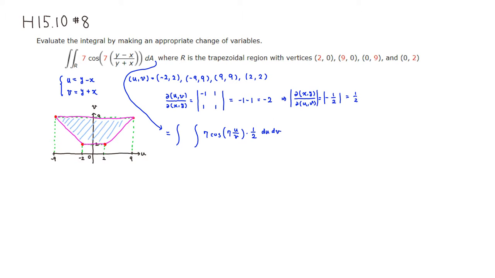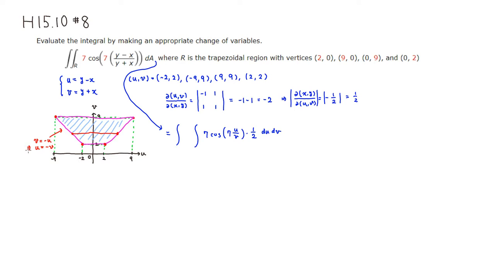So you can see that for fixed v, in order to cover that, you have to go from there to there. The equation of this is, the slope is negative 1, so this is v equals negative u, or u is equal to negative v, same thing.